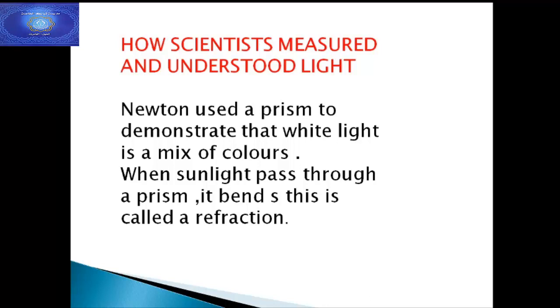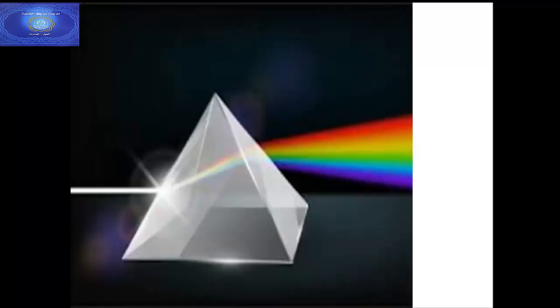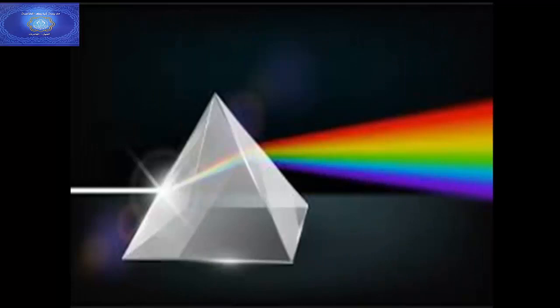When sunlight passes through a prism, it bends. This is called refraction. Here is the prism, this instrument is called a prism.